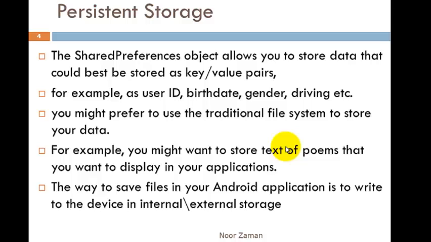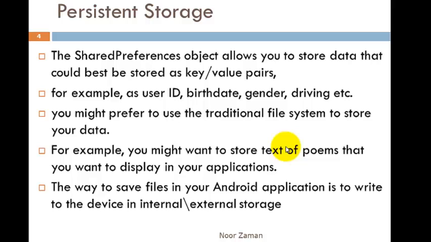For that, we save our data into the internal memory or the external memory by using the file method. As we described earlier, saving data with the file mechanism in internal or external memory has the same concept and almost the same methods that you already used with Java.